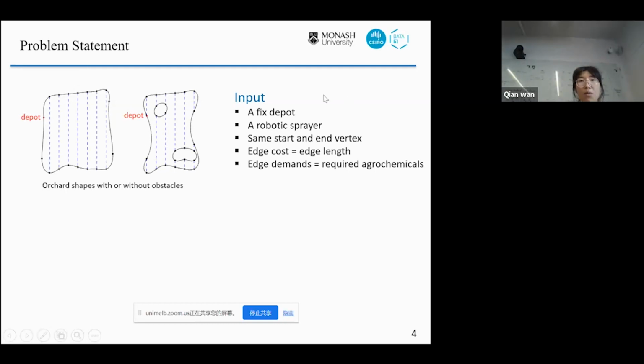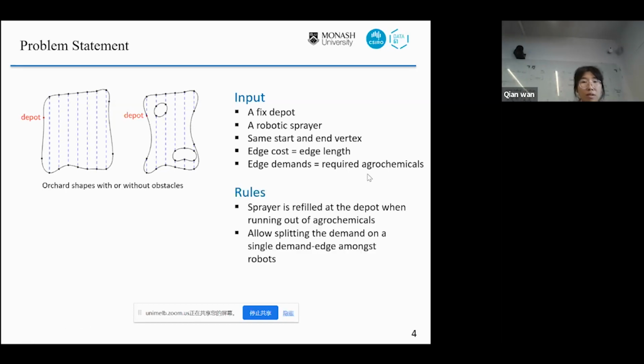In summary, we have some input parameters: a fixed depot and a robotic sprayer. We have the same start and end vertex, and in our problem, the same start and end vertex is the depot. We have edge cost equal to the edge length, and the edge demands equal to the required amount of agrochemicals.